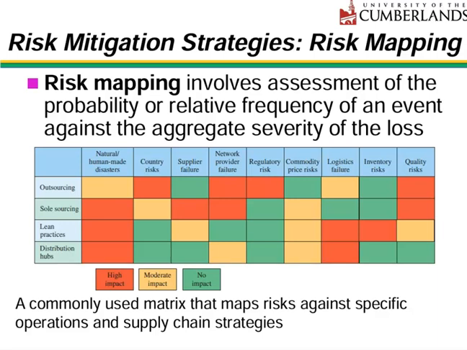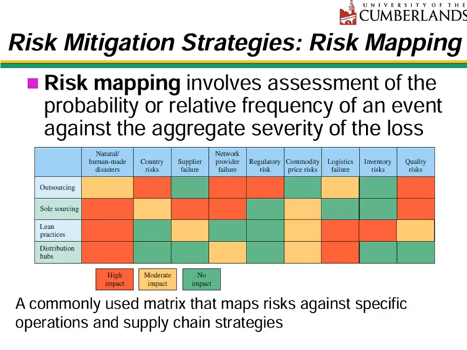Lean practices, like just-in-time inventory, show high impact from supplier failure, logistics failure, and inventory risk. Lean systems are efficient but fragile. They have little buffer when disruption occurs. Distribution hubs show high impact from natural disasters because concentrating inventory in hub locations creates geographic vulnerability.